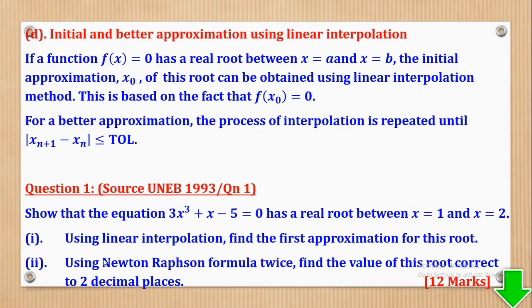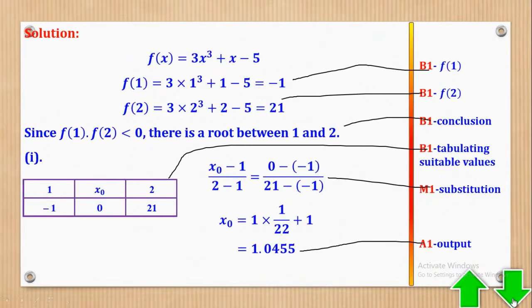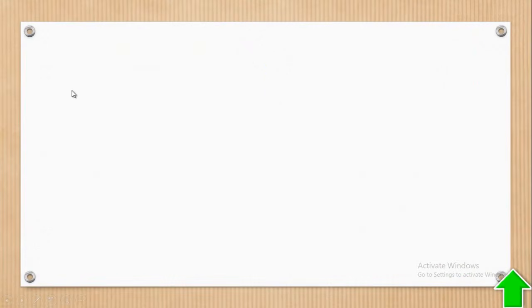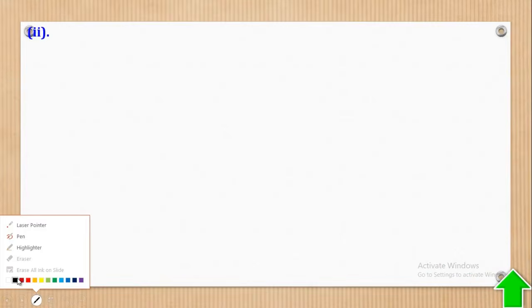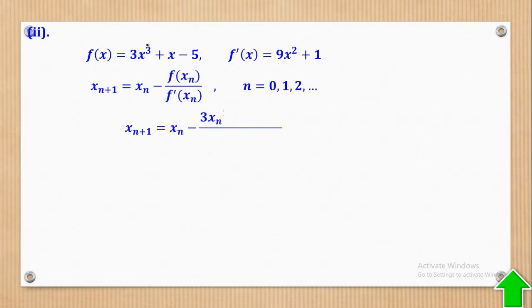So Roman 2 said, using Newton-Raphson formula twice, find the value of this root correct to 2 decimal places. So here they specified the number of iterations. So first get the derivative of f(x), then we quote the formula for Newton-Raphson, and after that we shall substitute.